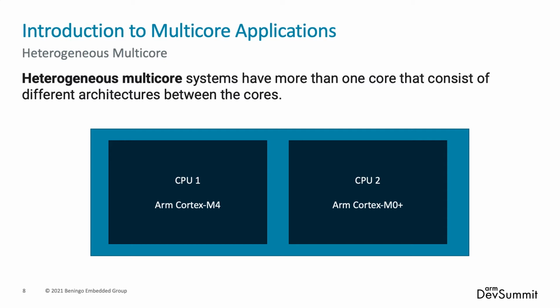But it's not much different than when the PC industry went from single cores into multi-core processors as well. And even a lot of the techniques can probably be brought over. We just have to make sure that we do so in a way that our systems remain real-time systems and can respond to the events occurring in the system in a reasonable period of time that's very deterministic.